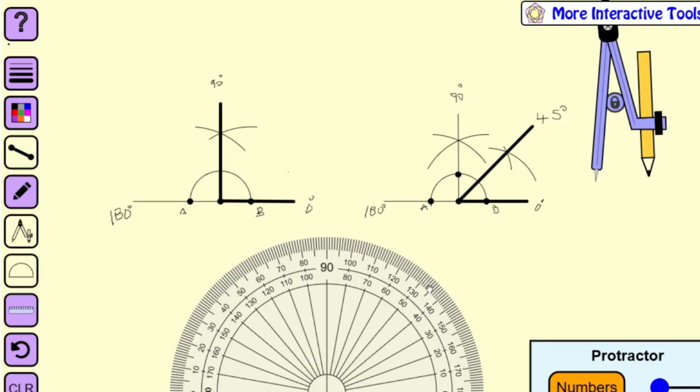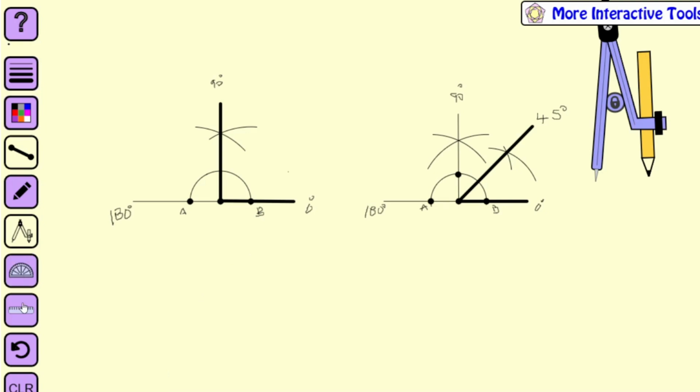So we would know that this figure is going to be 135. All right, moving on. If the question asks for 135, we know that we just need to construct our 45 degrees on the opposite side.